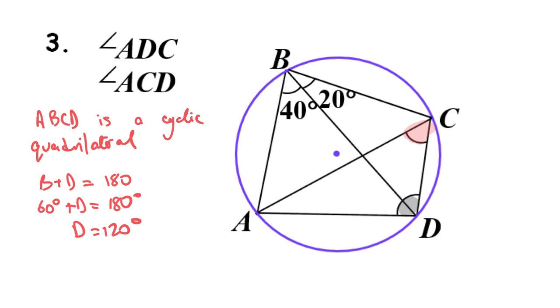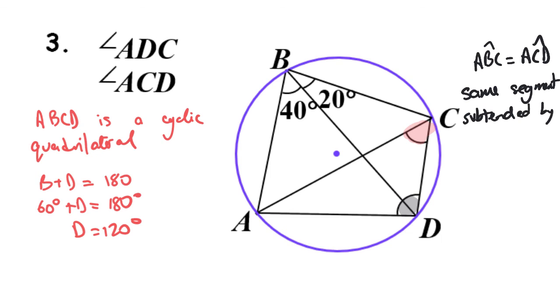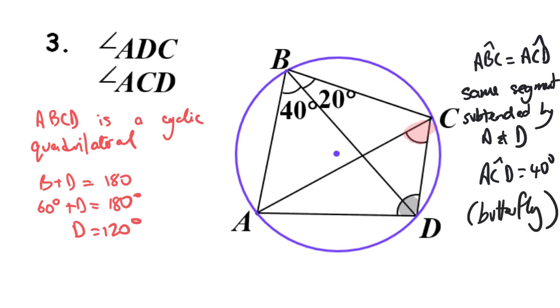Then to work out angle C, what we have is that angle C is subtended by the points A and D, as is the angle at B. So that means that ABC is equal to ACD because they're in the same segment and subtended by A and D. So that means that ACD equals 40 degrees, or the butterfly would be another reason why that is true.